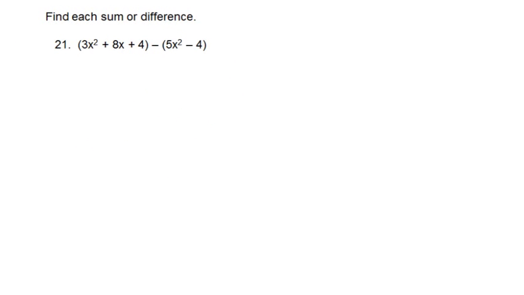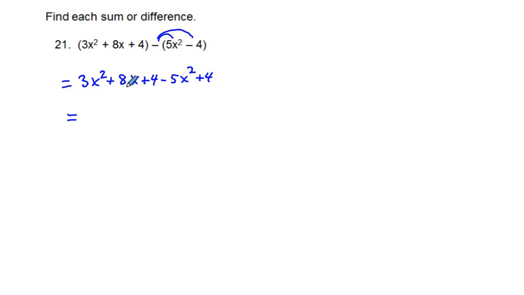Next odd number problem, 21. We're going to take this first set of 3 terms in this first set of parentheses and rewrite this as 3x squared plus 8x plus 4, and then we have, distributing this minus in the second set, minus 5x squared, and then minus 4, which is going to be plus 4.